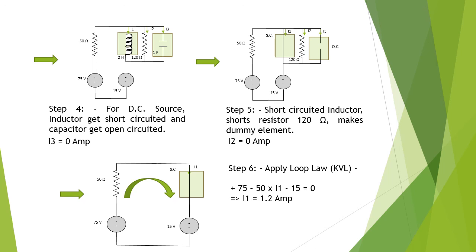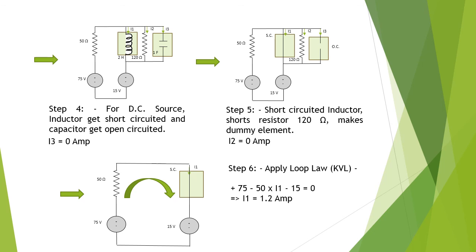So when the current passes from negative to positive of 75 volt, we get plus 75. When it passes through the 50 ohm resistance, the voltage drop is minus 50 I1, and when it passes through the 15 volt from positive to negative, it gives minus 15, equal to 0. After doing the calculations, we get the value of current I1 as 1.2 ampere.